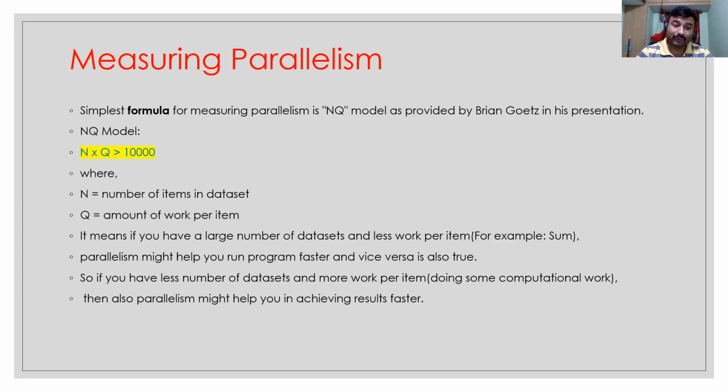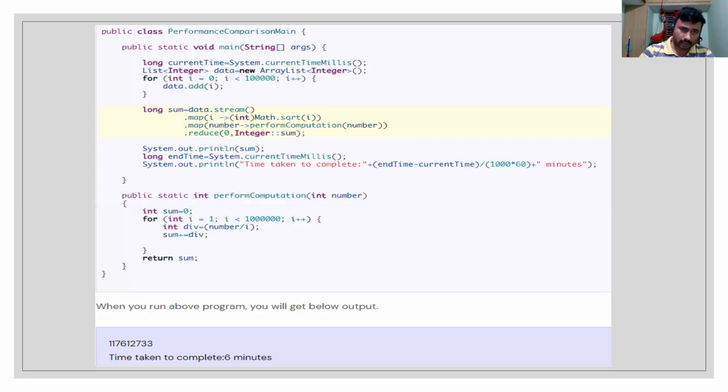If you have fewer data items and more work per item, doing some computational work, then parallelism might also help you achieve the result faster. So if there is something to be calculated or manipulated, then you can go for a parallel program.